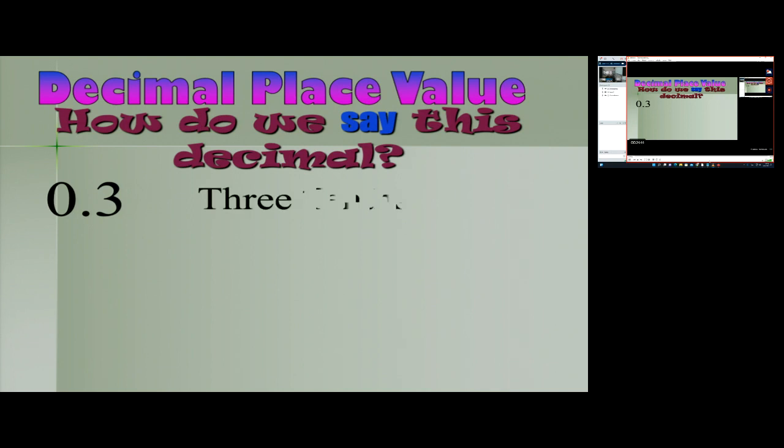That is 3 tenths. Next. How about this one? How do you read this number?